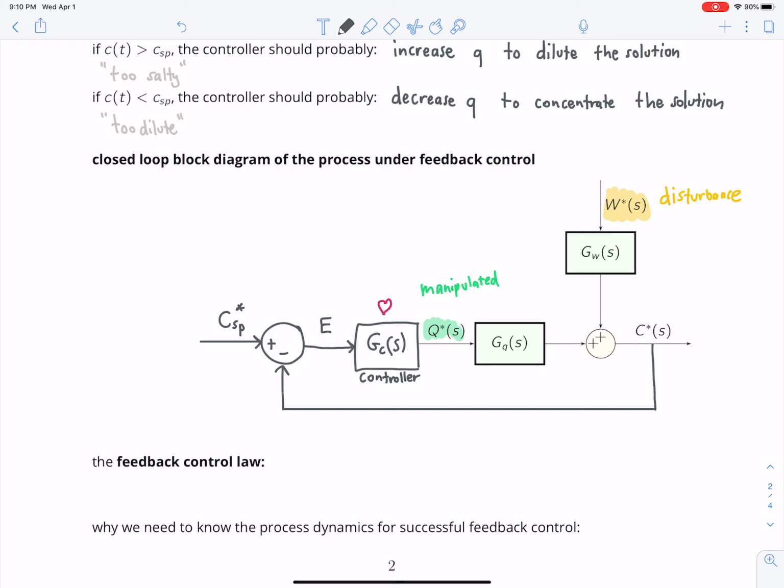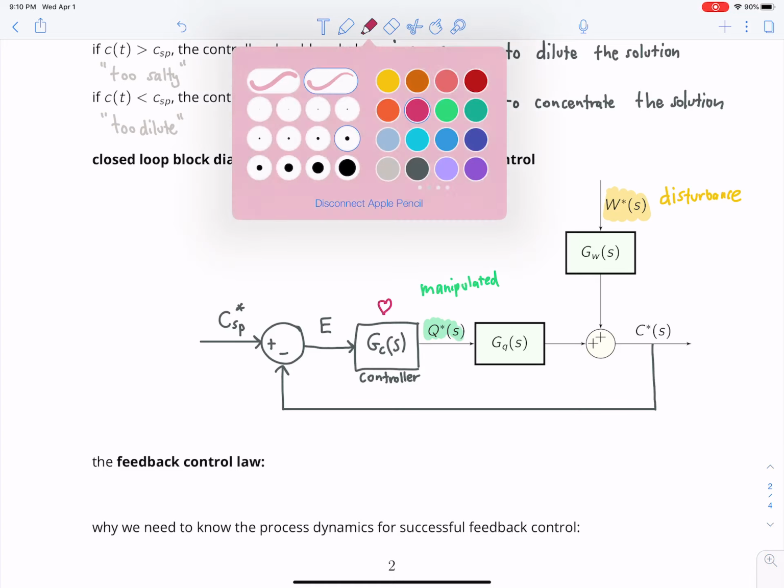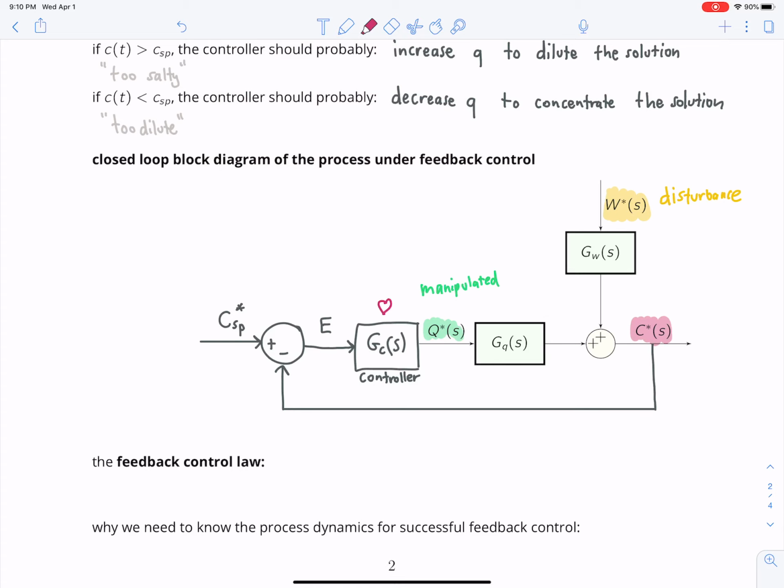We take a measurement of the controlled variable. We'll make this red. So this is our controlled variable. So we measure our controlled variable. And later on, down here, we'll have a sensor, which might hide dynamics, but there's a sensor here. And it measures the controlled variable, feeds it back, and then based on the set point, they compare them. This is the comparator.